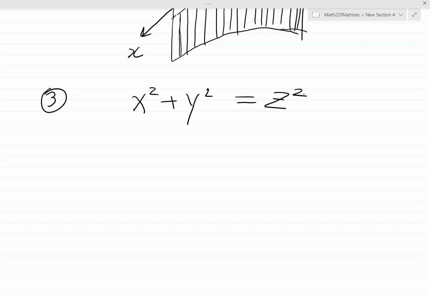Suppose x squared plus y squared equals z squared.